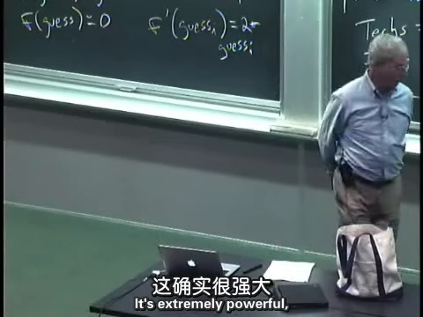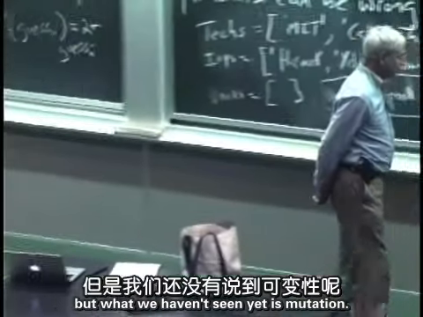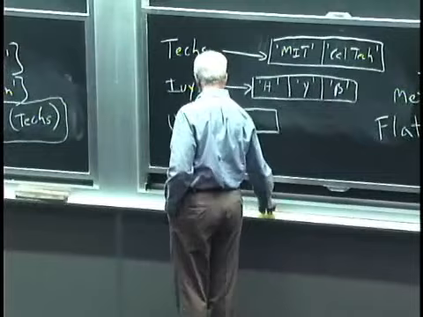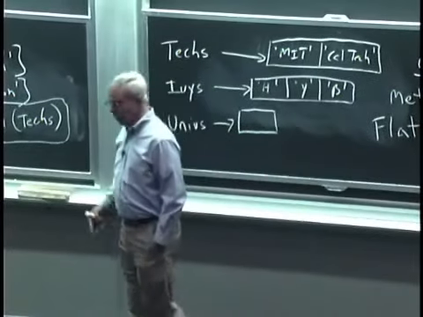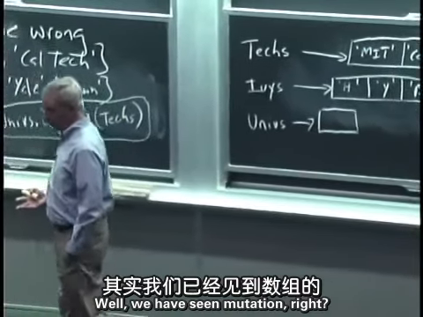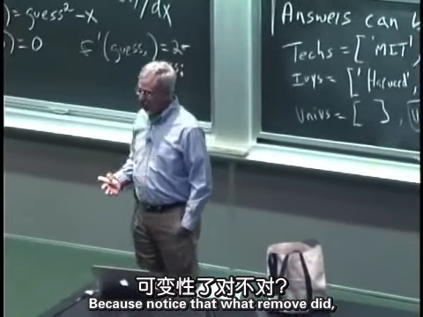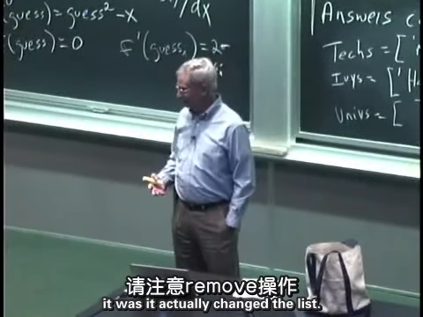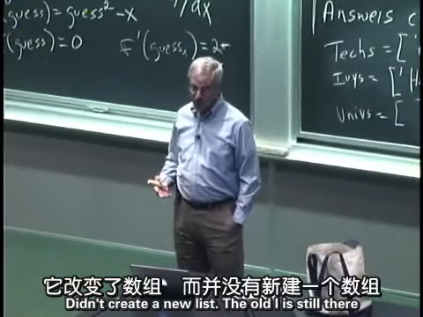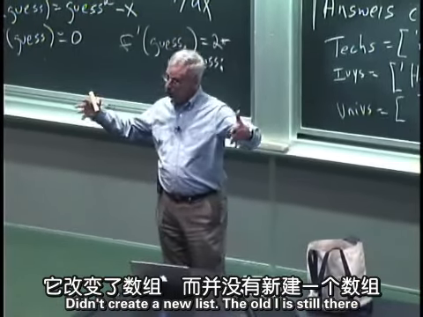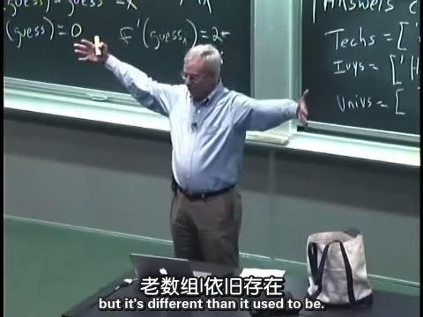So extremely powerful. But what we haven't seen yet is mutation. Well, we have seen mutation, right? Because notice that what remove did, it actually changed the list. Didn't create a new list. The old L is still there, but it's different than it used to be.